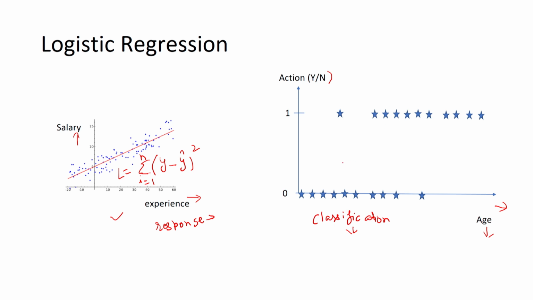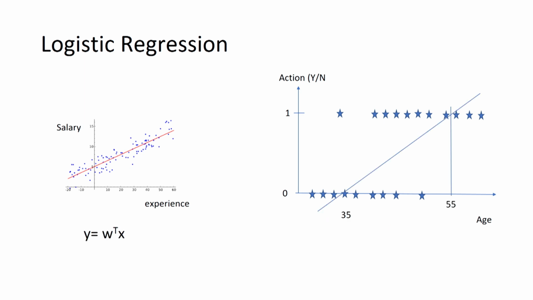If we learn a simple linear regression from this data set, what will we get? We will get this type of line or model that will be learned. Now how good is this model?